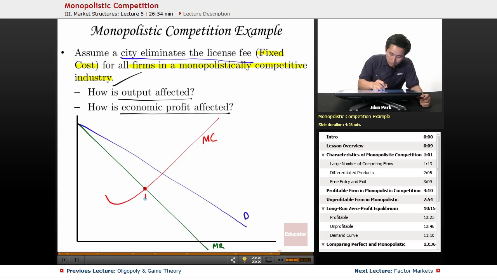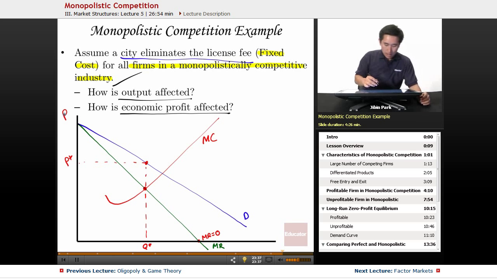The profit maximizing point is where marginal cost equals marginal revenue. And again, I'm going to put MR equals 0 here, that is a revenue maximizing point. And here's P star, and that is the profit maximizing quantity.